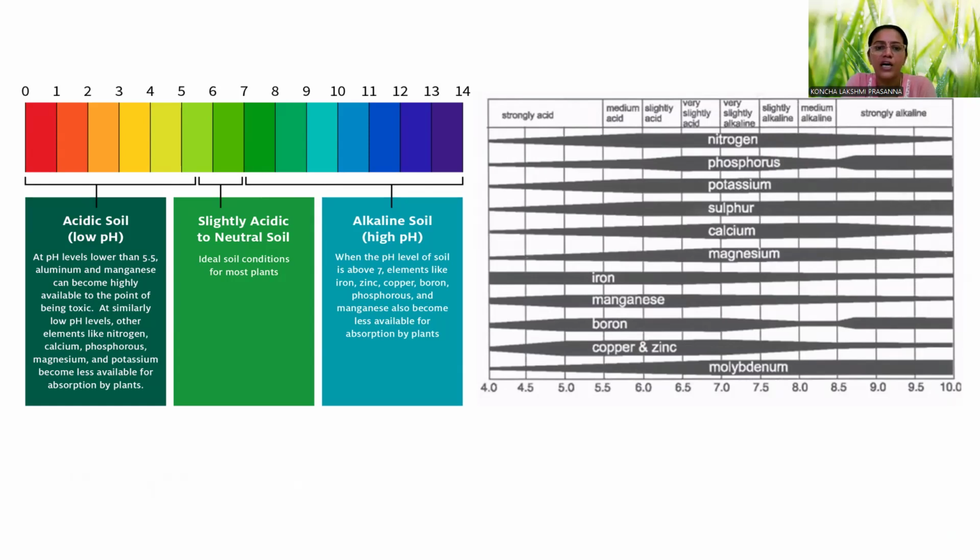Whereas in alkaline soil with a pH above 8, nutrients like iron, manganese, boron, copper, and zinc are less available. Molybdenum is the only nutrient which is available at higher pH.